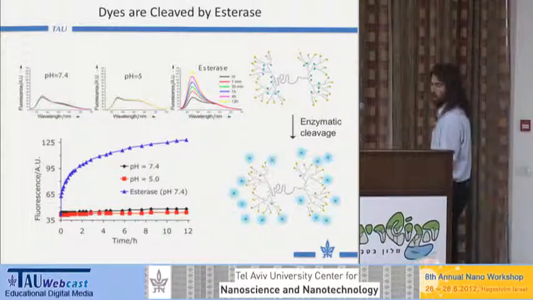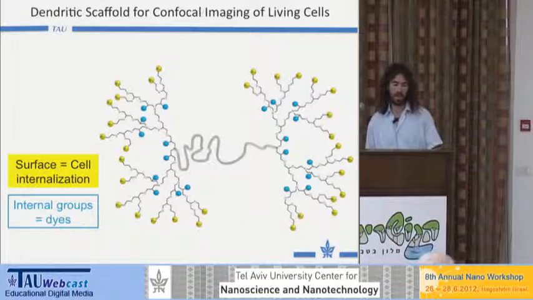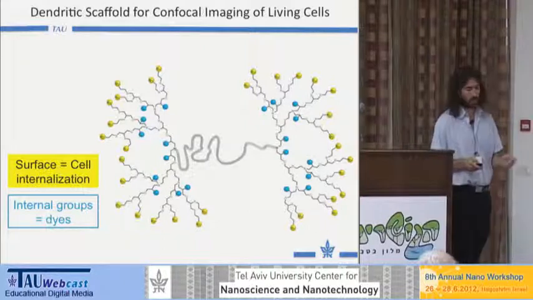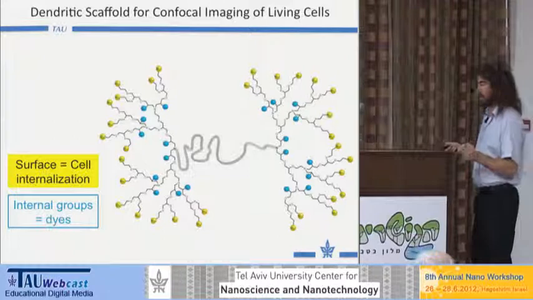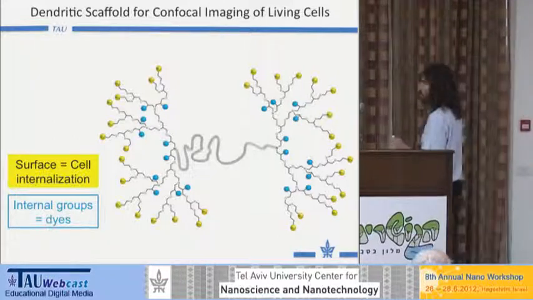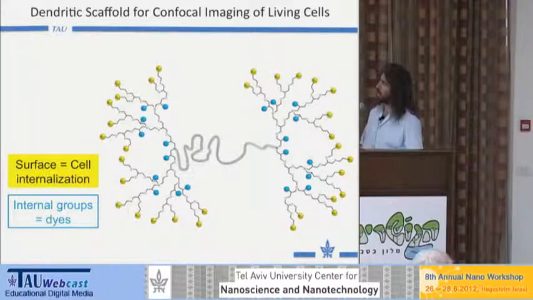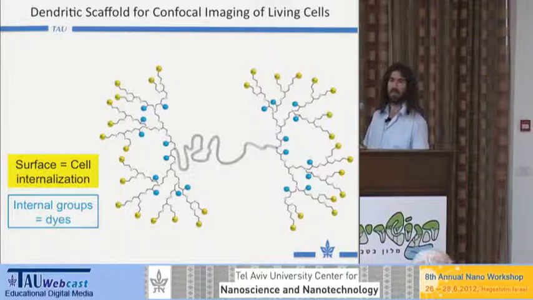So now that we know that our dendrimer can release its cargo upon enzymatic activation, we decided to get ready for some cell experiments. But before that, we decided to look again at our structure and take advantage of the fact that we have all these dyes that we want to deliver inside the dendrimer, but we still have all these amines on the surface.